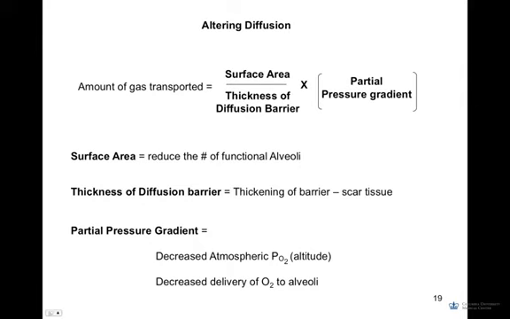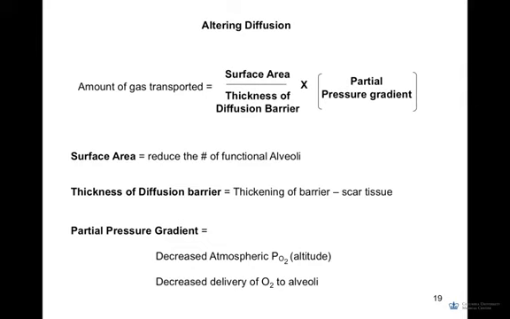There are pulmonary disorders where you've got chronic inflammation and damage, which leads to a buildup of scar tissue at the sites of gas exchange. And that's going to cause a thickening of the diffusion barrier. And again, it's going to compromise gas exchange.